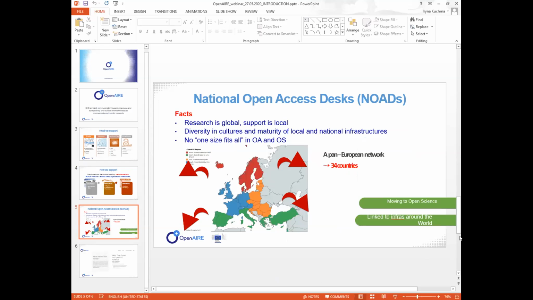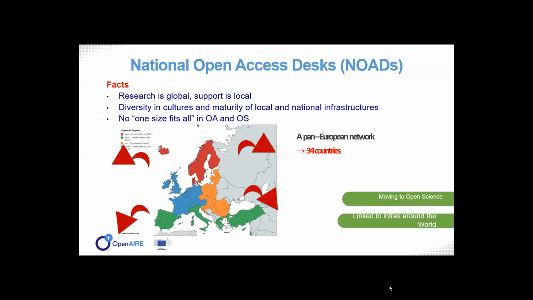So a core element of OpenAIRE is the European network of open access desks, known as the NOADs. This is a network that is composed of open access and open science experts that have a key role at the national level in the transition to open science. They work with national stakeholders, but they also help in voicing their needs at the European level.